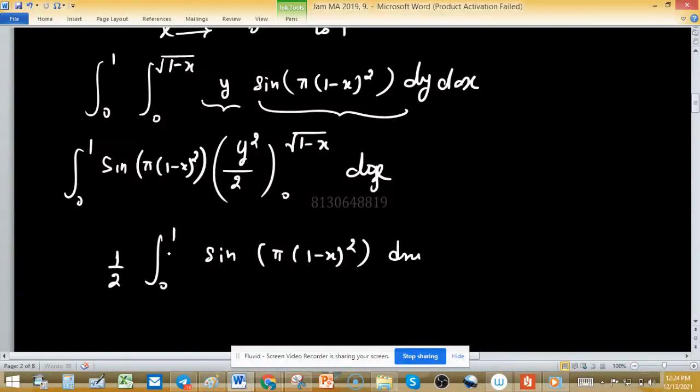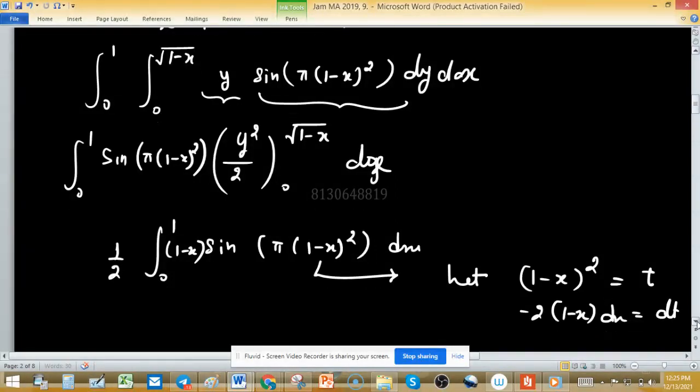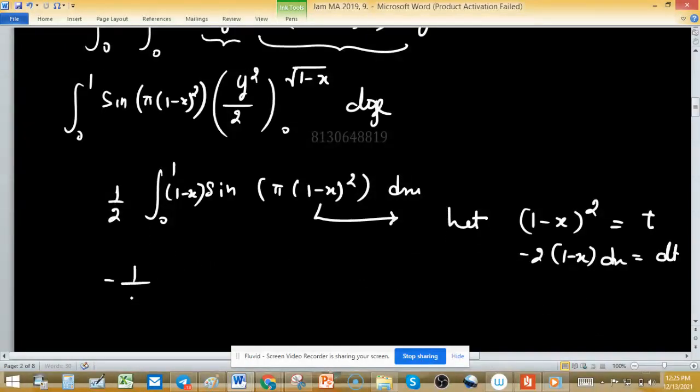Now you can transform 1 minus x whole square as another variable t, and its derivative, minus 2 times 1 minus x dx, is equal to dt. So minus 1 upon 4 pi, because you need to take this pi out, and the derivative of 1 minus x square is present in this.